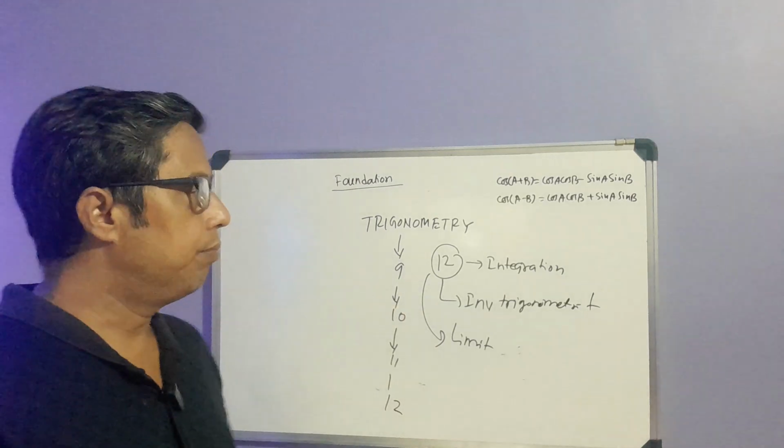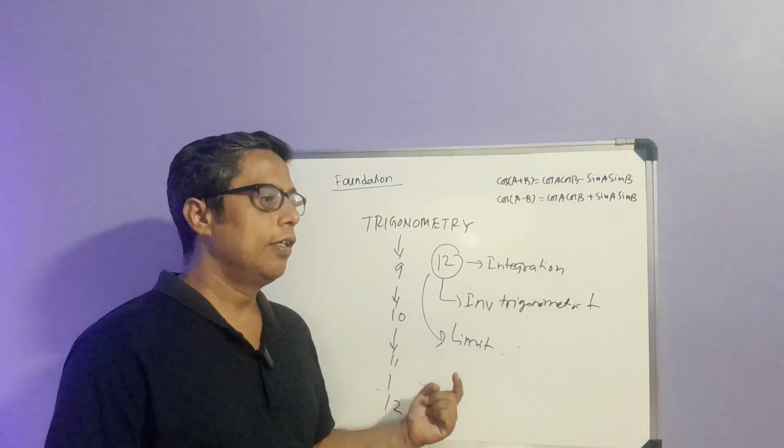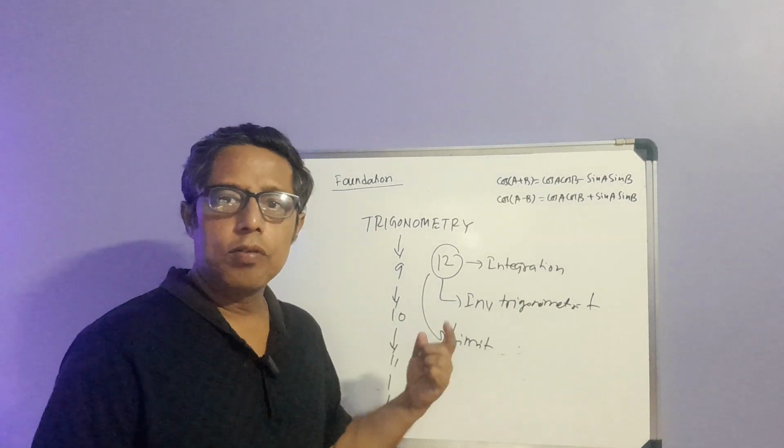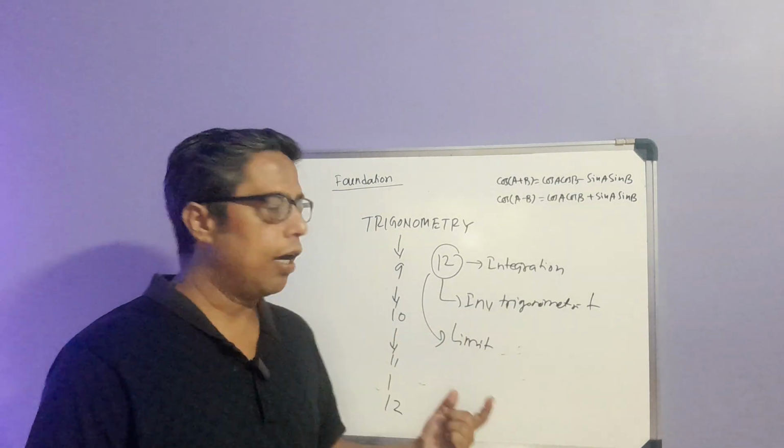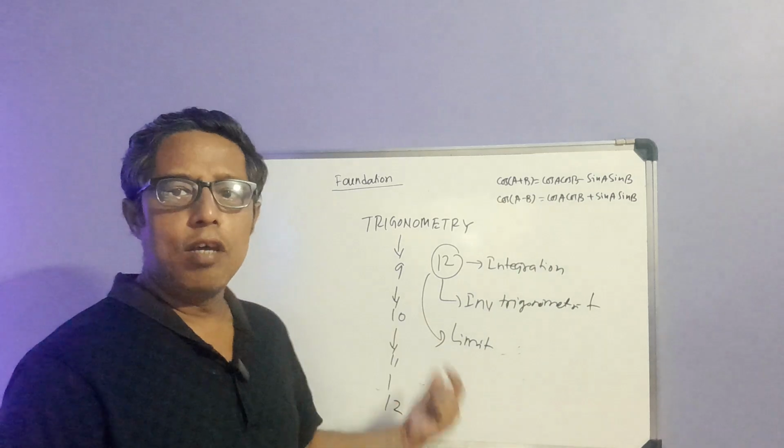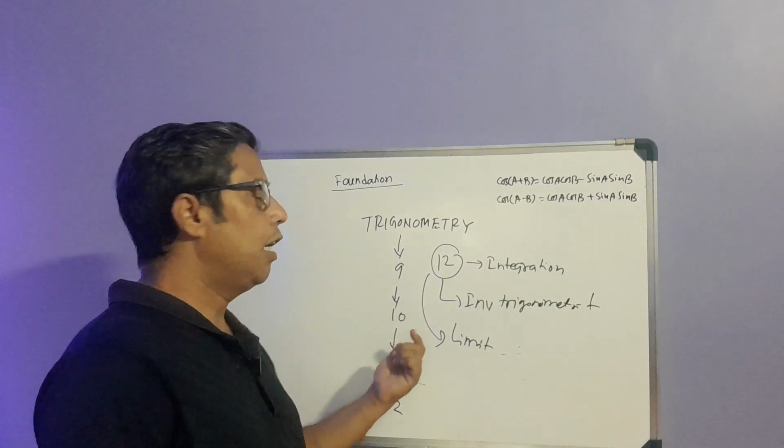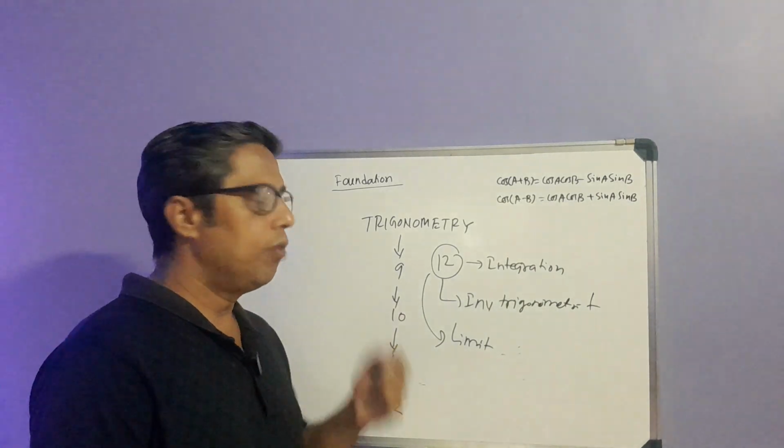So in class 12, for 50% of the chapters, trigonometry will help you solve things very easily. That's why trigonometry is very, very important, and if you start picking it up from class 9 or 10, that will be very helpful.